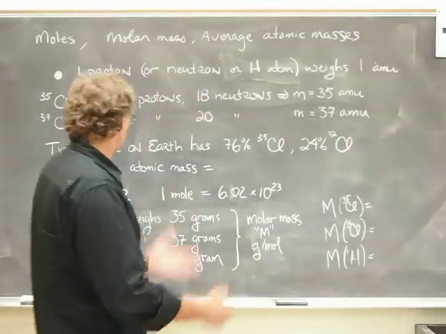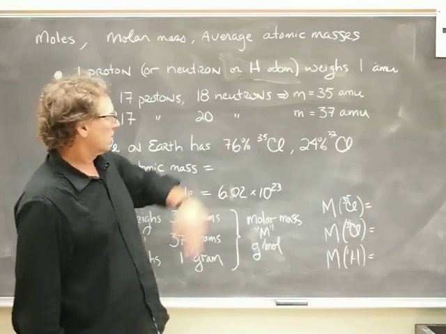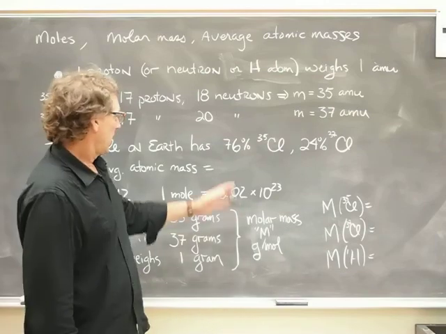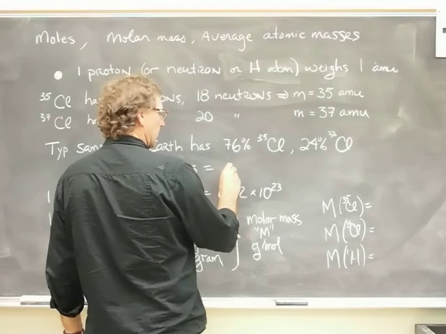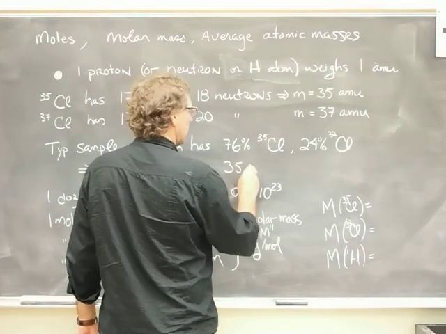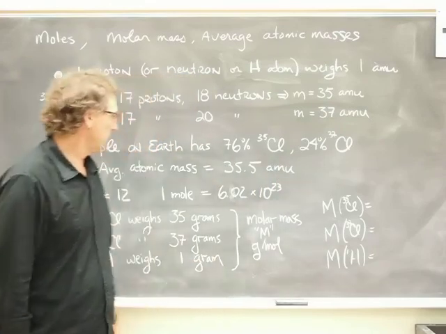So the average atomic mass is going to be closer to chlorine-35 than it is to chlorine-37. And since it's 76% chlorine-35, you can probably pretty well guess it's going to be something close to 35.5 AMUs. That's the average. Okay?